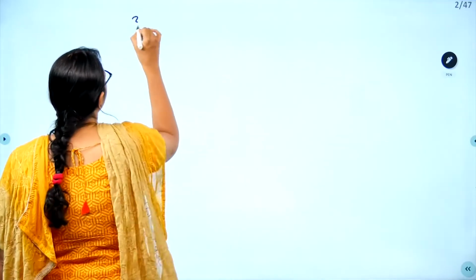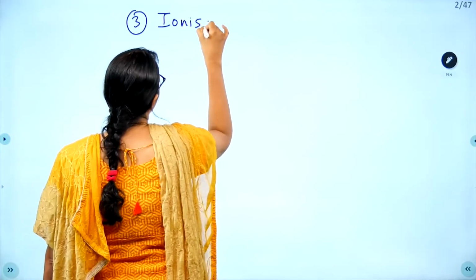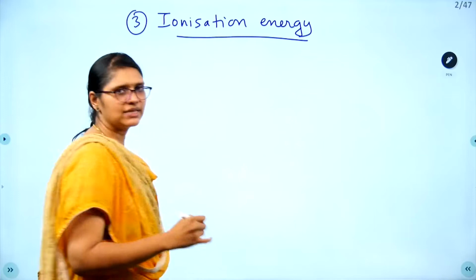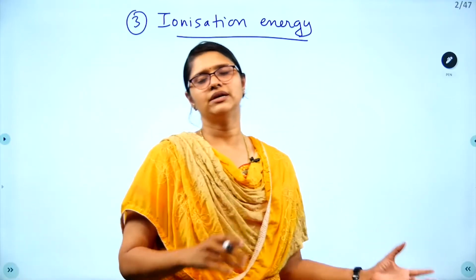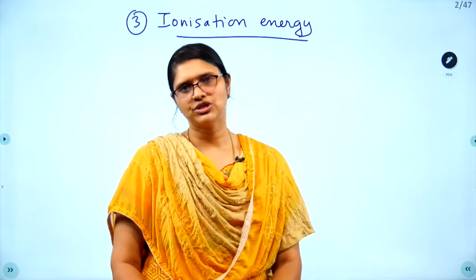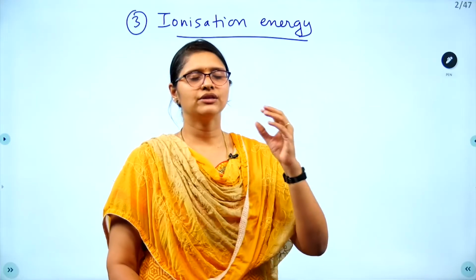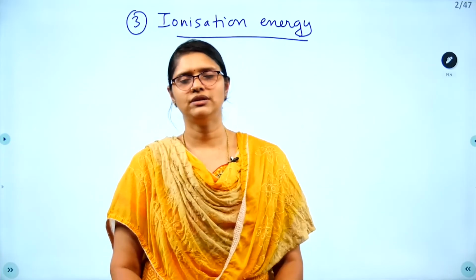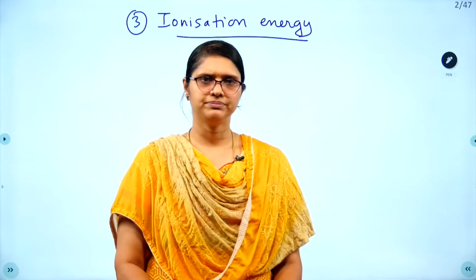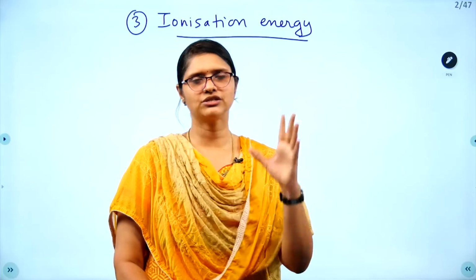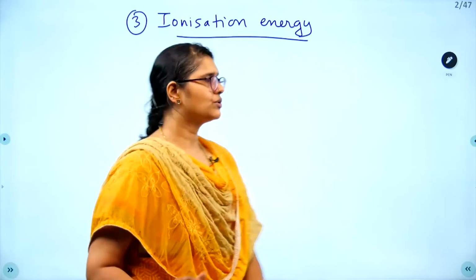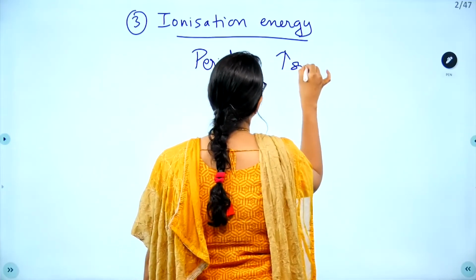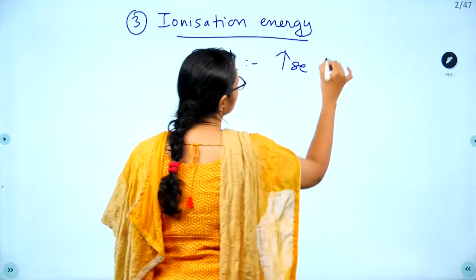Now what happens to the ionization energy? The amount of energy required to remove an electron from the outermost or valence shell is called ionization energy. When you go along the period, the electrons are added to the same shell and the nuclear charge increases, so it is very difficult to remove an electron. So ionization energy will increase along the period.